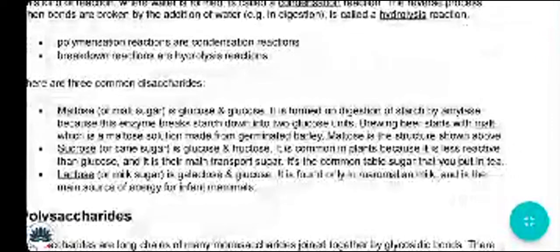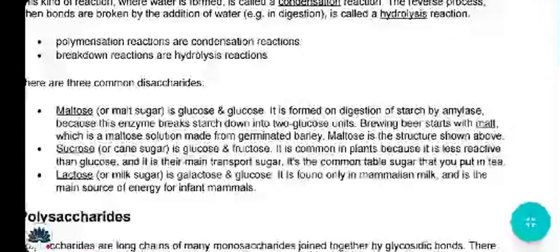Sucrose, or cane sugar, is glucose and fructose. It is common in plants because it is less reactive than glucose and it is their main transport sugar. It's the common table sugar that you put in the tea. When you use sugar at home, this is sucrose.